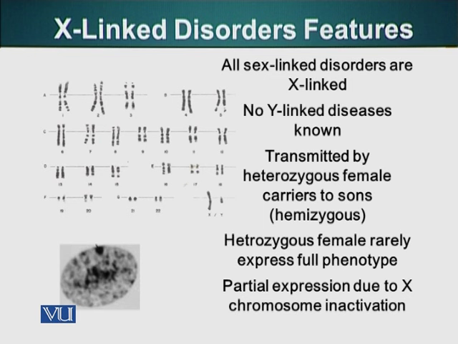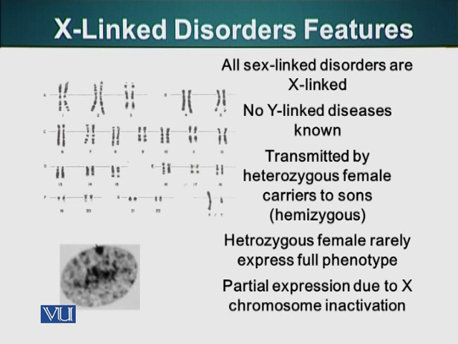Cells are sensitive to gene dosage. So nature has evolved a mechanism in which one of the female X chromosomes is inactivated. This is dosage compensation, meaning that one of the X chromosomes becomes inactive and one stays active.